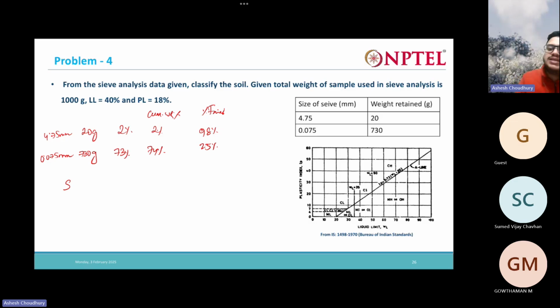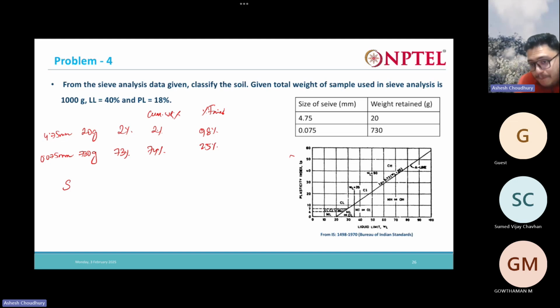Now for the suffix, it's going to be either clay or silt. To decide that, we have to make use of the plasticity chart given here, and for that the values of liquid limit and plastic limit are also given to us.